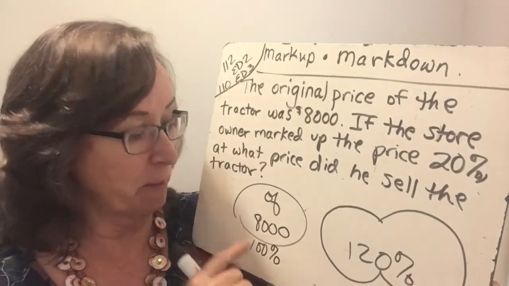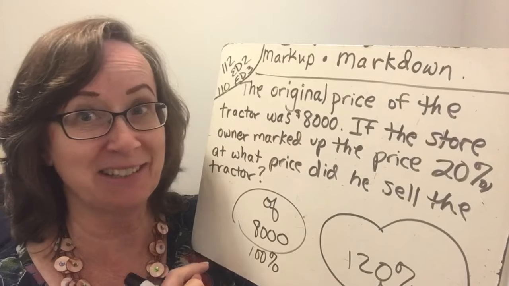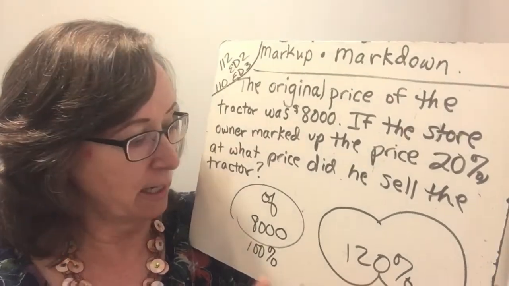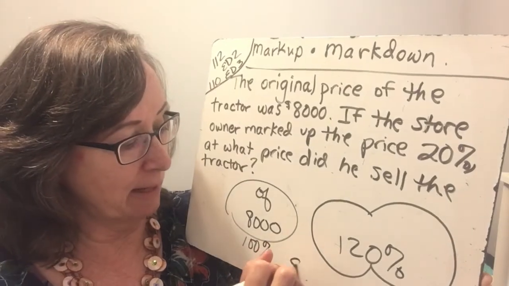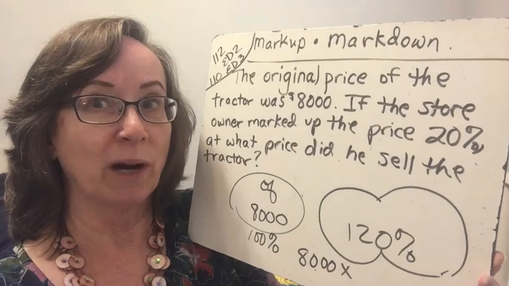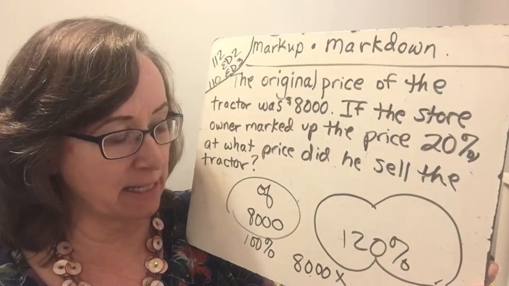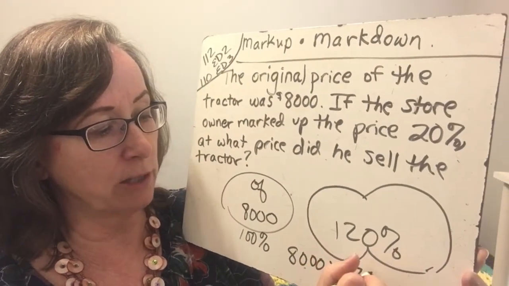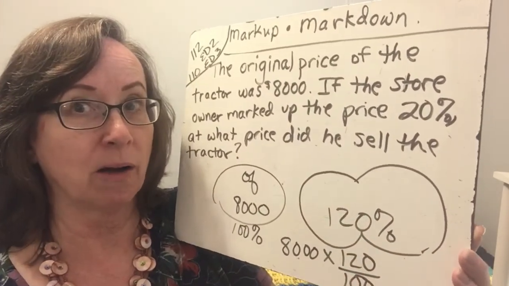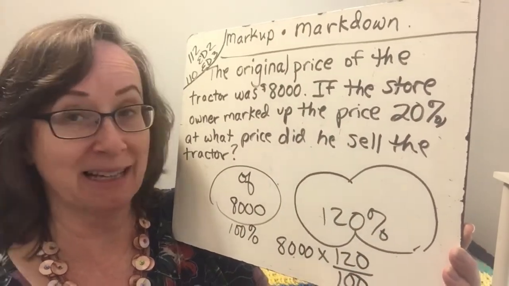Remember, 100% of the 8,000 is just 8,000. So we have to use 120%. So we would say what? 8,000 times 120%, or 1.2. We could do it with decimals or fractions.